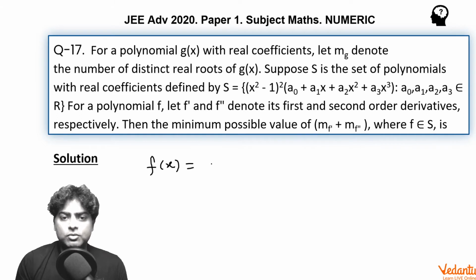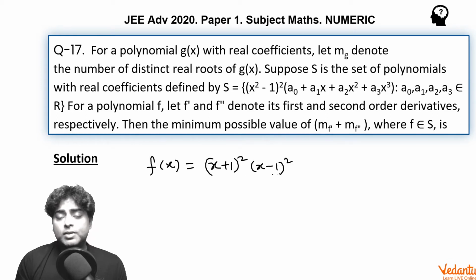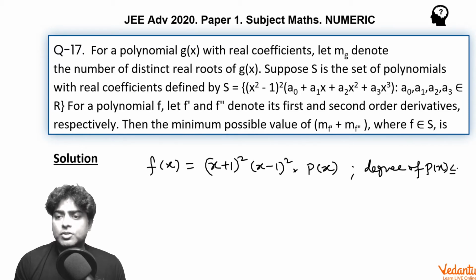f(x) is equal to (x square minus 1) whole square, which can be written (x plus 1) whole square into (x minus 1) whole square. So minus 1 is a repeated root for f(x), 1 is also a repeated root, and in the bracket we have some polynomial p(x) whose degree is less than or equal to 3.